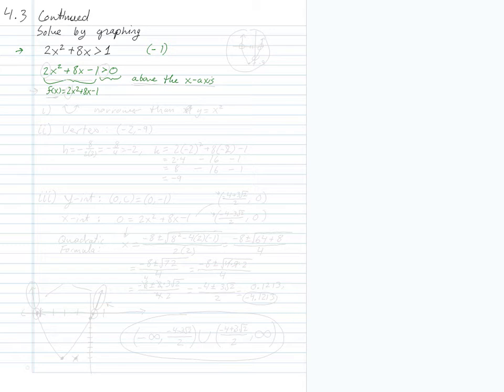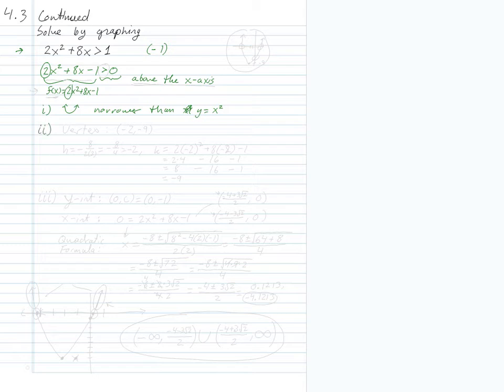We need to go from ground zero and identify the concavity. Well, this parabola has a coefficient of 2 for the x squared term, so this is going to be concave up. In fact, this parabola is going to be narrower than x squared would be, since it's being stretched by a factor of 2. That may not be important, but it's always good to know everything you can about a parabola.